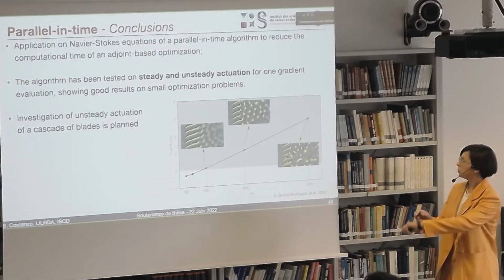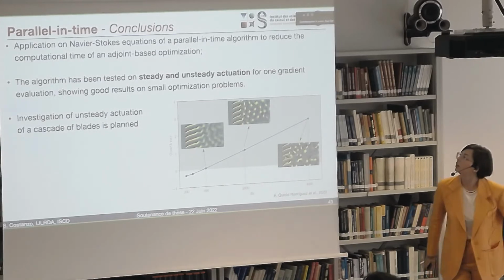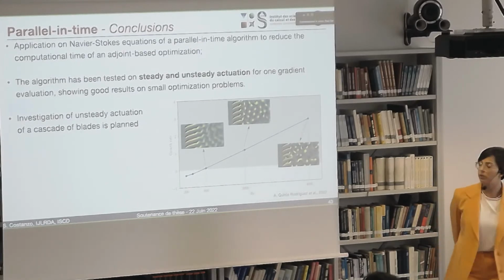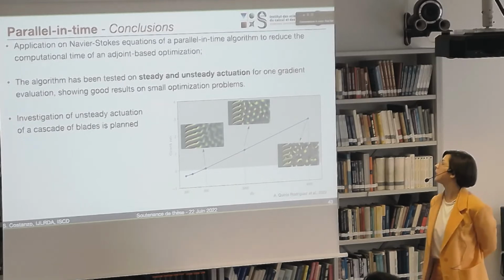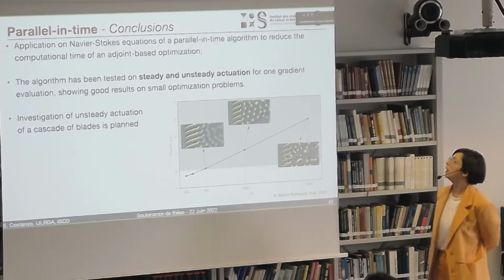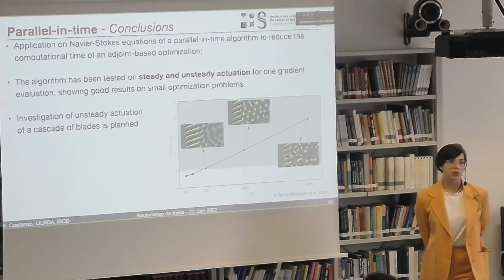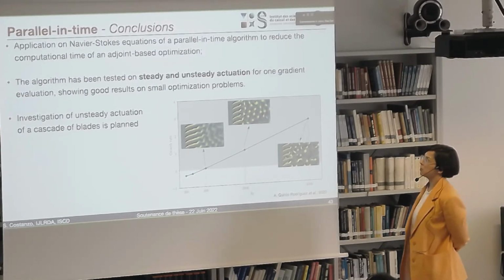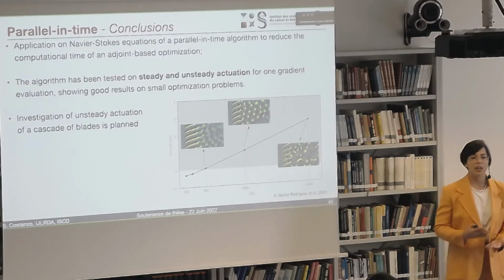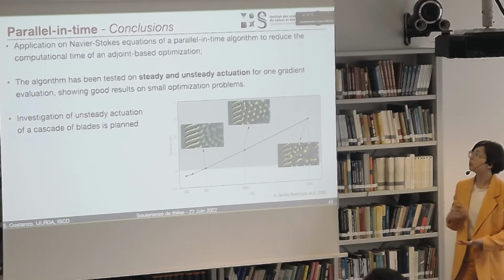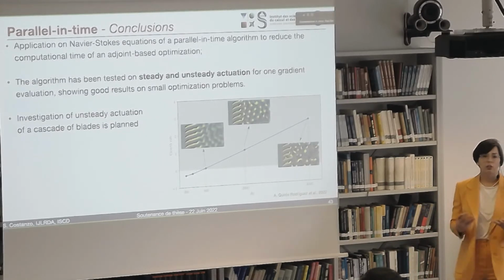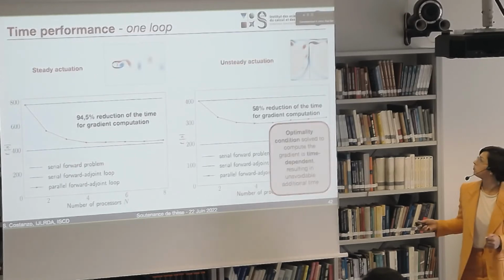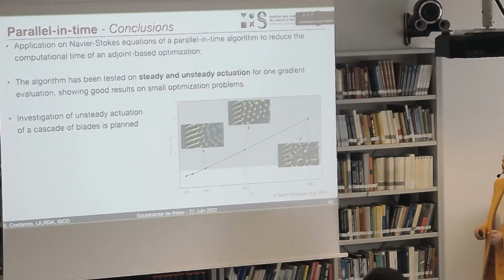So, to conclude this part, what we did, we used the parallel time algorithm applied on the incompressible Navier-Stokes equation in order to reduce the computational time of an adjoint-based optimization. We tested on steady and unsteady optimization, actuation, and it shows good results on our small optimization problems.